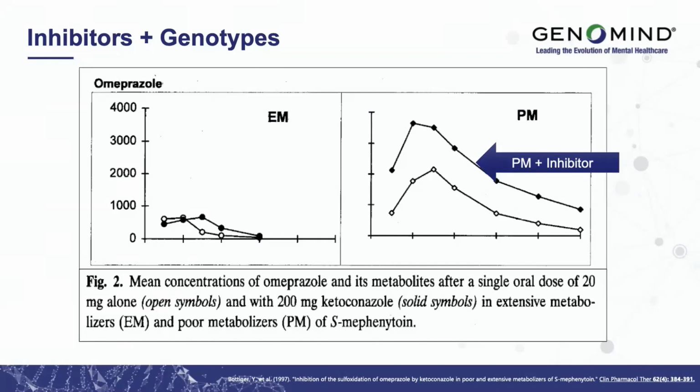If we give omeprazole to a poor metabolizer, we see elevated blood levels. It's exactly what we expect. But if we give omeprazole to a poor metabolizer that's also taking ketoconazole, we see even more dramatic increases in blood levels. So it's not just drug-gene interactions. It's not just drug-drug interactions. It is everything. All of these parameters interact with each other and can cause significant changes in blood levels.